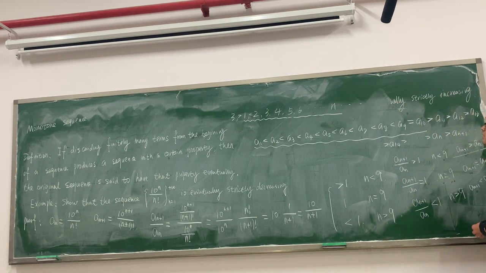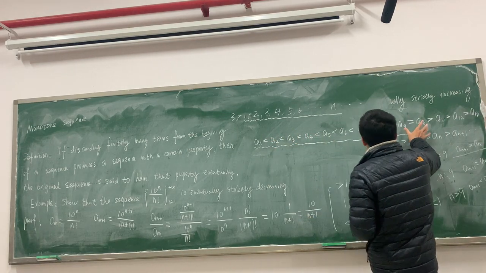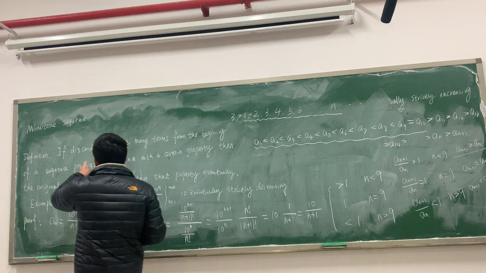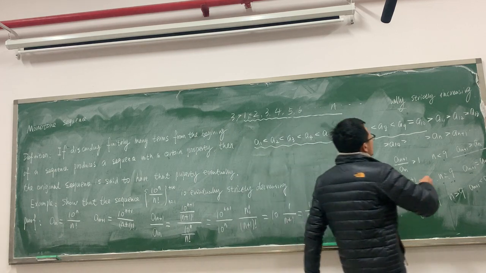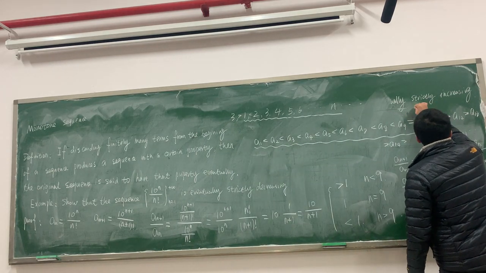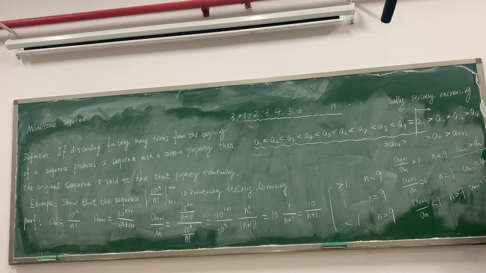So it's easy to see here that the first 10 terms we discard, and from the 10th term onward, this is strictly decreasing.